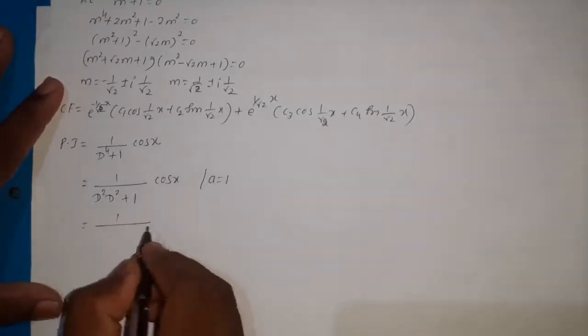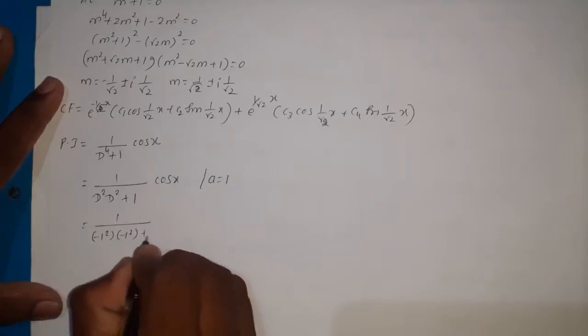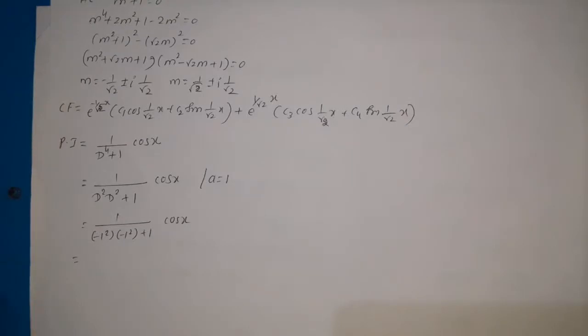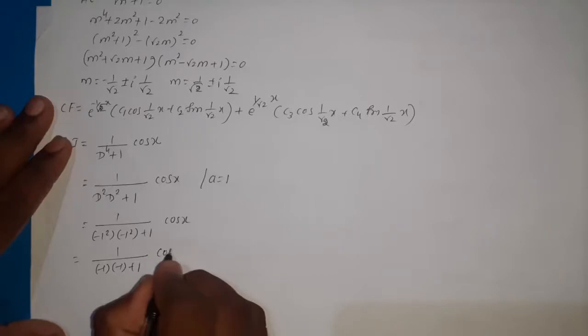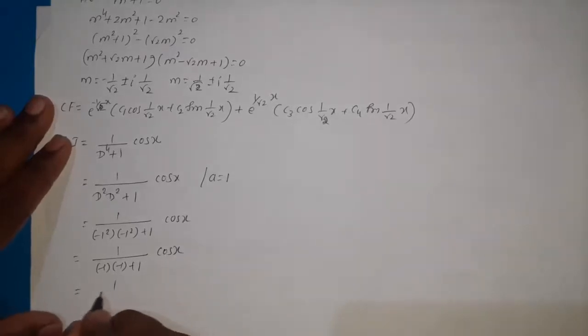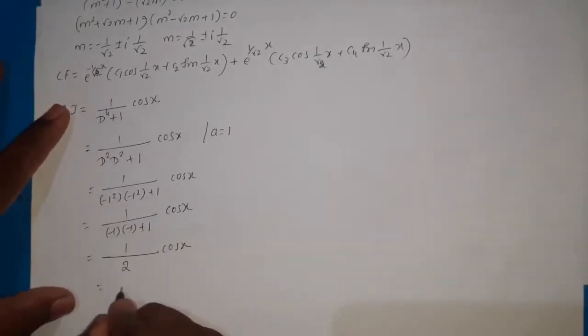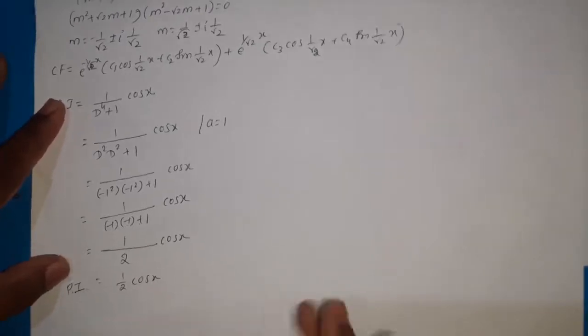So 1 divided by (minus 1 square) squared plus 1, cos x, because d square equals minus a square. Minus 1 square means minus 1, and minus into minus becomes plus, so 1 plus 1 is equal to 2, cos x. Therefore the particular integral is 1 by 2 cos x.